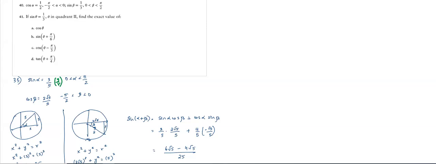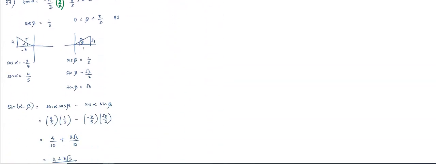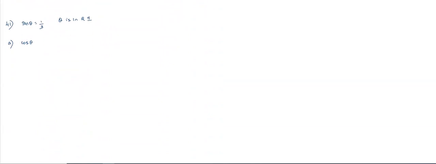The first part of the question asks you to find cosine theta. So to find cosine theta here, this is quadrant 2, right? In quadrant 2, you know that cosine is going to be negative. So this is your triangle, this is your theta. Opposite is 1, hypotenuse is 3. So that means you have to find this.